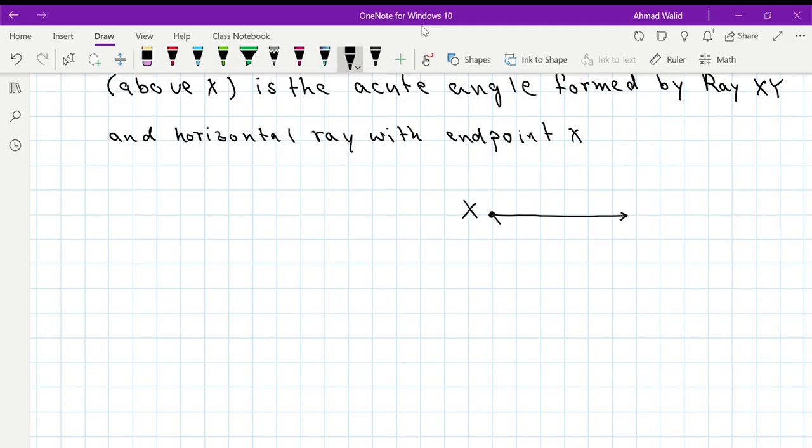And I'll draw this, again positive, correct? And here is Y. Here is your horizontal. This angle, we call it the angle of depression.